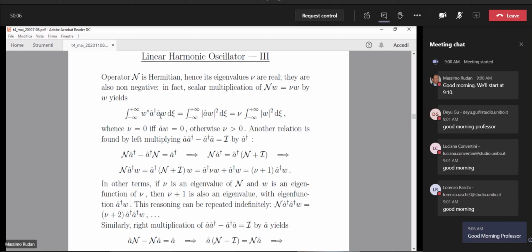Okay, AW is a function, so we have A dagger operating on AW.